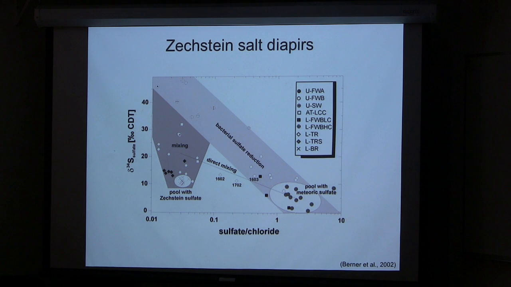So groundwater that contains bacterially mediated sulfate is going to exhibit values along this trend line with this negative slope. As you can see from this study, there are several samples that fall within the slope of the bacterial sulfate reduction. And possibly this bacterial sulfate reduction is being coupled to the oxidation of organic matter, which is present, instead of, as in the Gulf of Mexico environment, where it's being driven by petroleum.